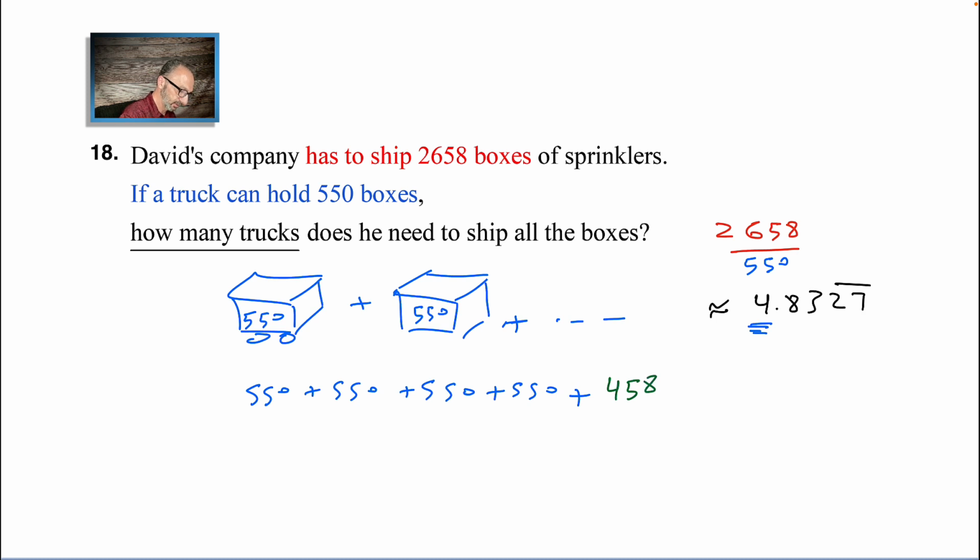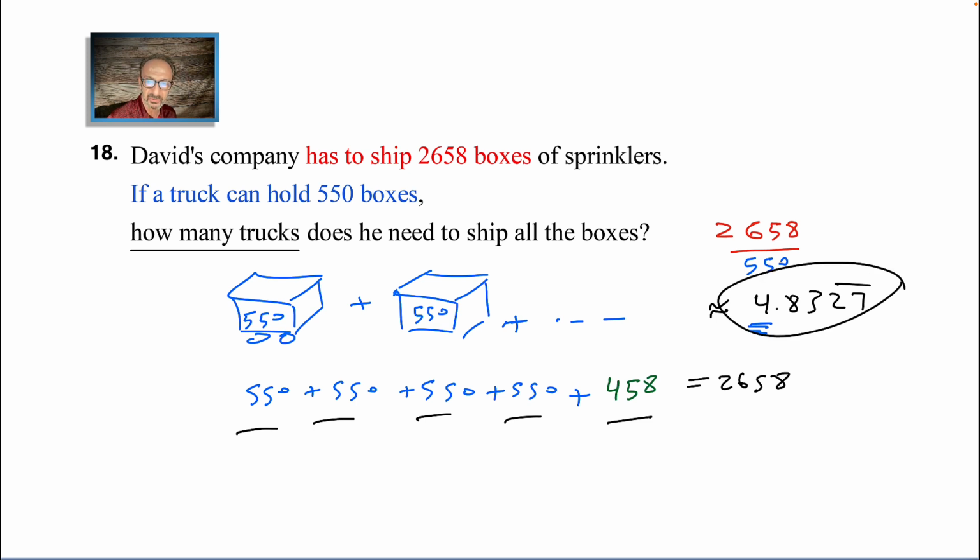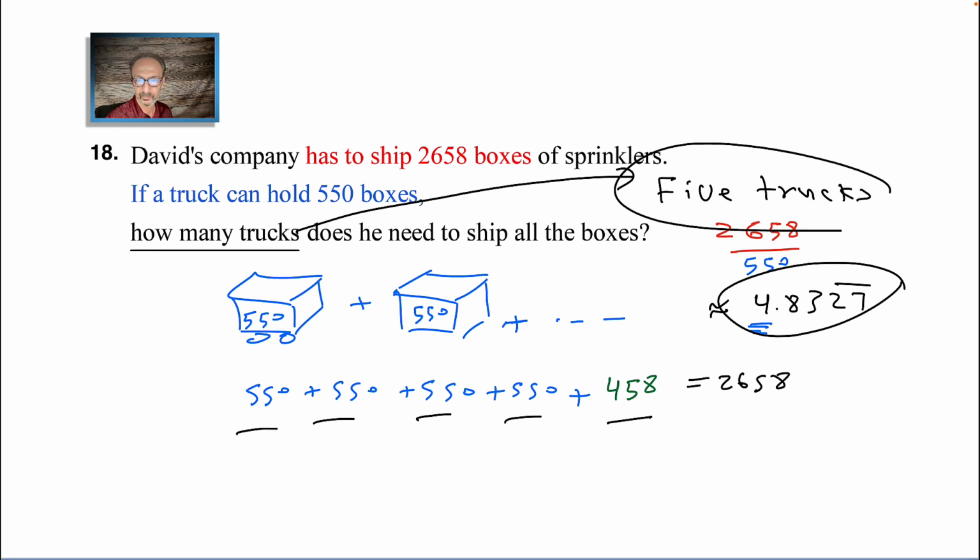I did the math on the side to show you that that will end up 2658. So that's one truck, that's another truck, 3, 4 trucks, but I need the 5th truck because you can't just have a fraction of a truck. So how many trucks are needed? 5. 5 trucks are needed. Okay, that should do it.